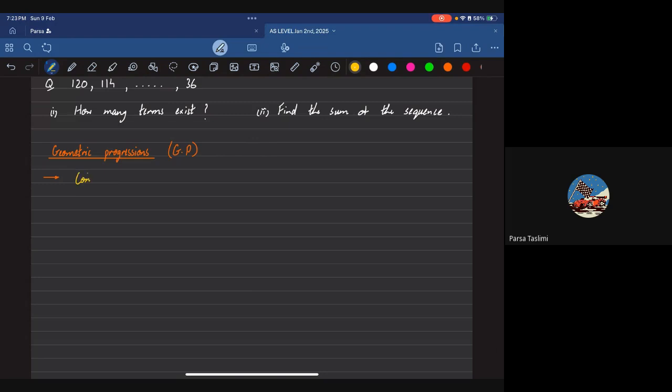So, successive terms are found in a sequence by multiplying or dividing.